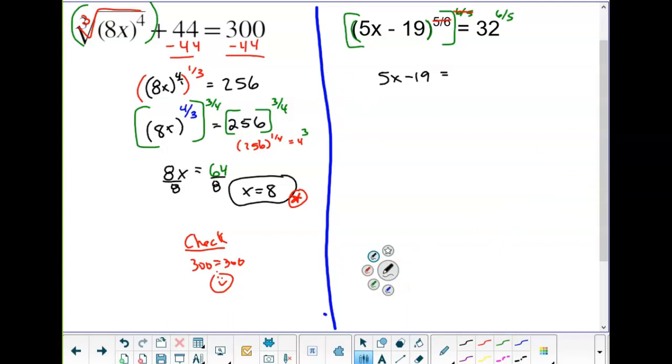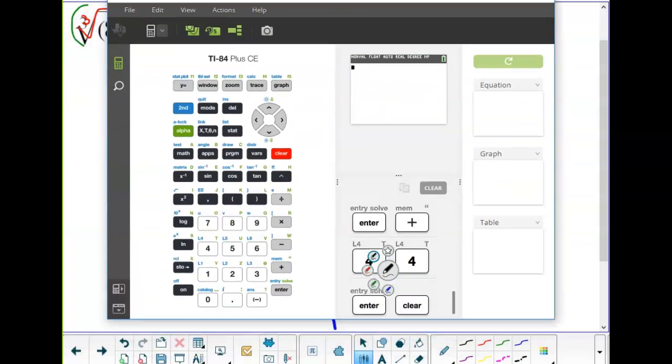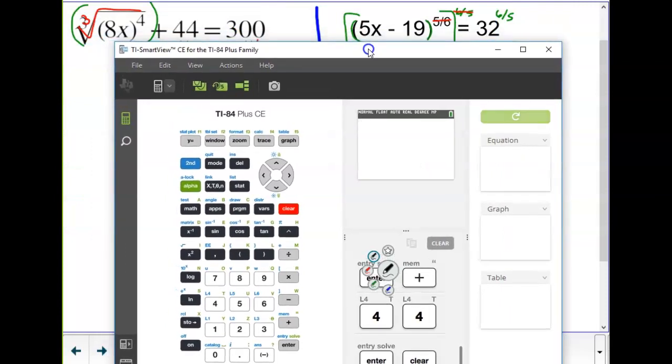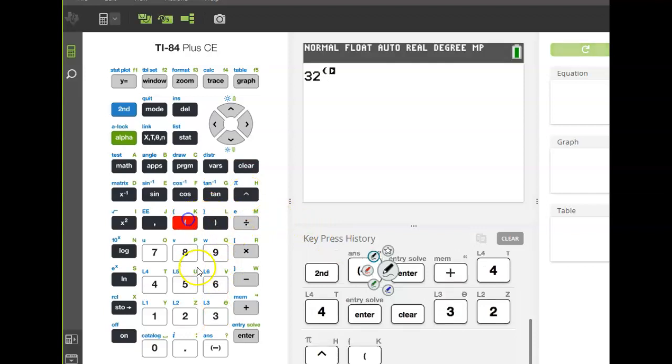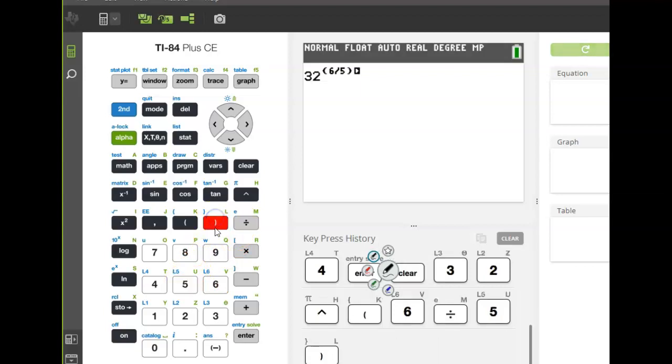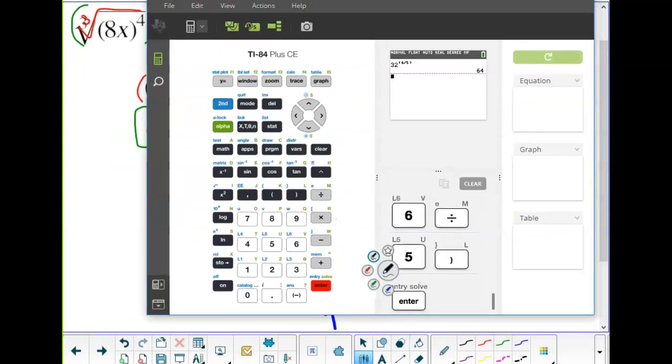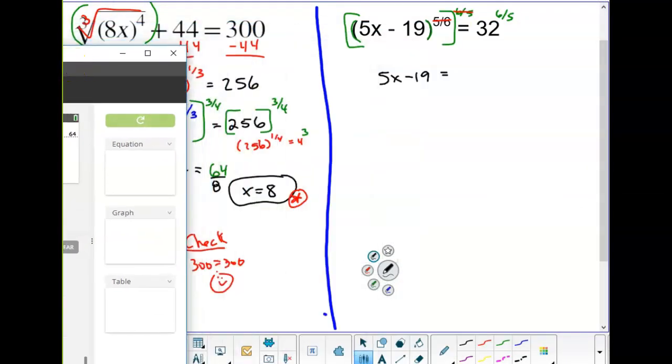And then I'm going to go to my calculator here. I'm going to do 32 to the 6/5 power. So 32 power, parentheses, 6/5. And you get 64. Okay? Nothing crazy there. We could have probably done that one by hand.